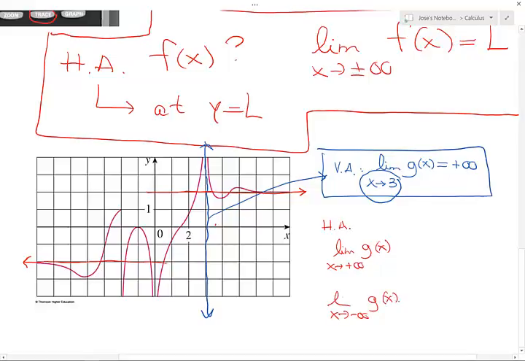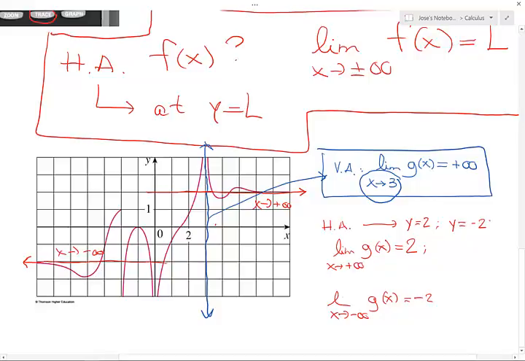If this limit exists, if you can find it, going to positive infinity it is going to be 2. Then you're going to have a horizontal asymptote at y equals 2. Going to negative infinity, on this other side, the limit is going to be negative 2. So then you're also going to have a horizontal asymptote at y equals negative 2. So you can have two different horizontal asymptotes.